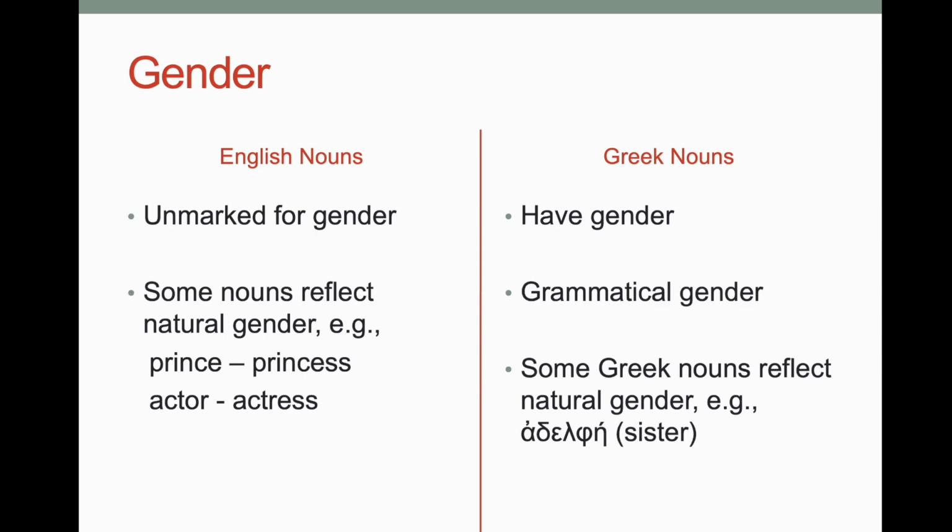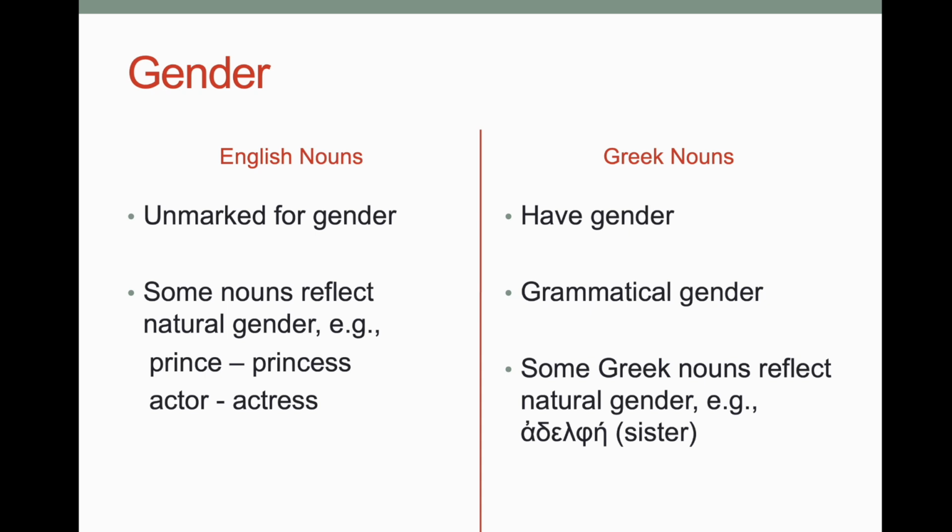Gender. English nouns, by and large, are not gendered, unlike other languages such as German or French or Spanish. But there are some English nouns that still reflect natural gender. For instance, prince and princess, or actor and actress. Greek nouns have gender, but that gender is a grammatical gender.